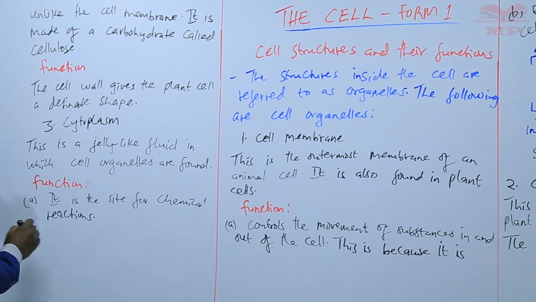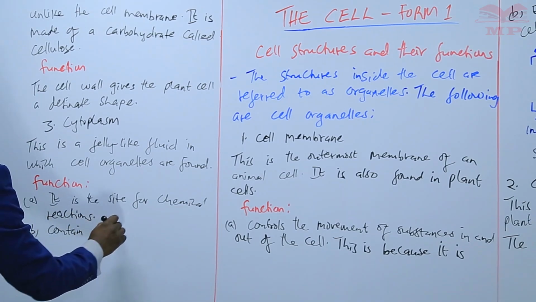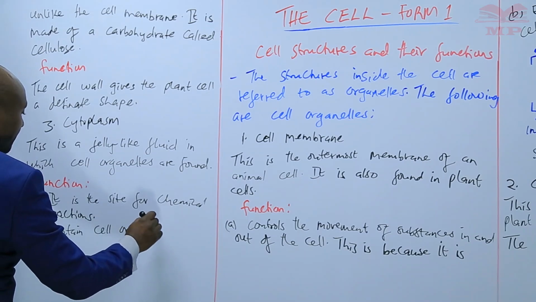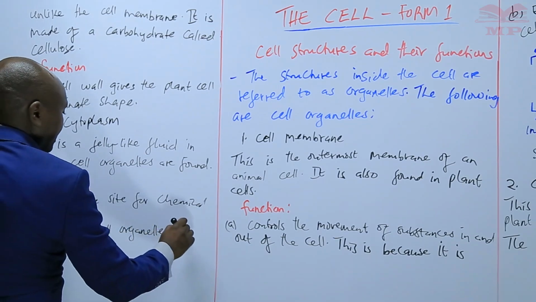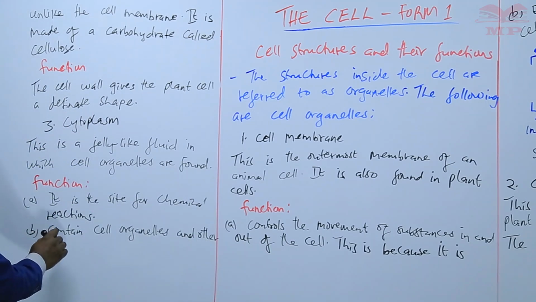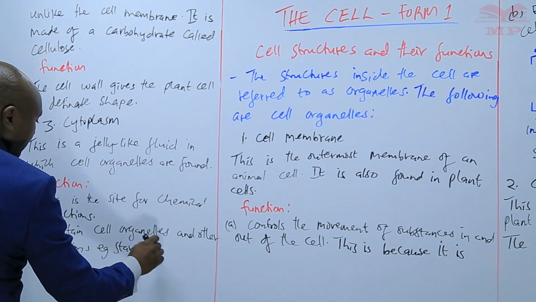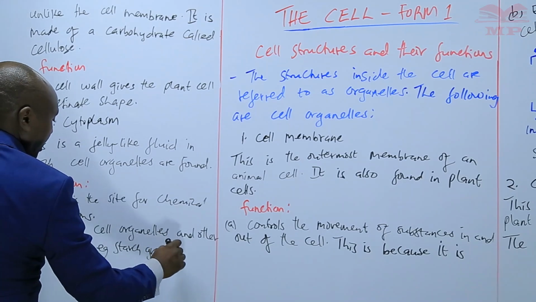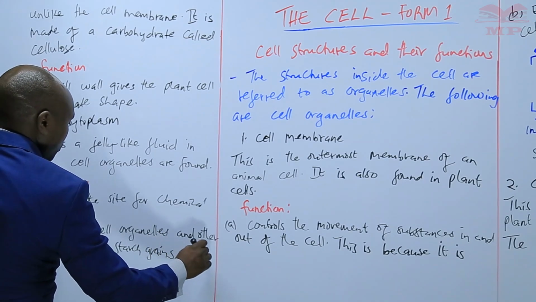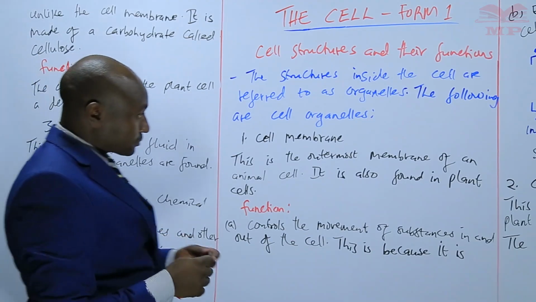And of course, it contains cell organelles and other inclusions, such as the starch grains in plant cells, glycogen in animal cells, and so on and so forth.